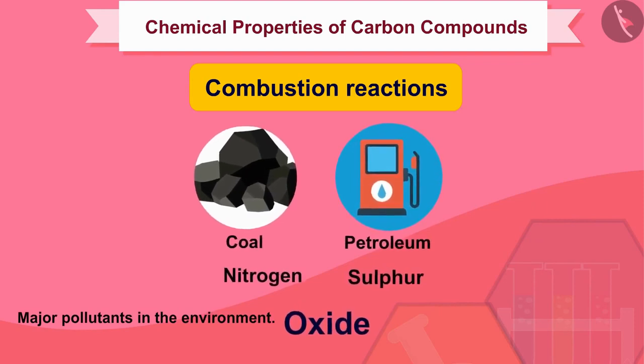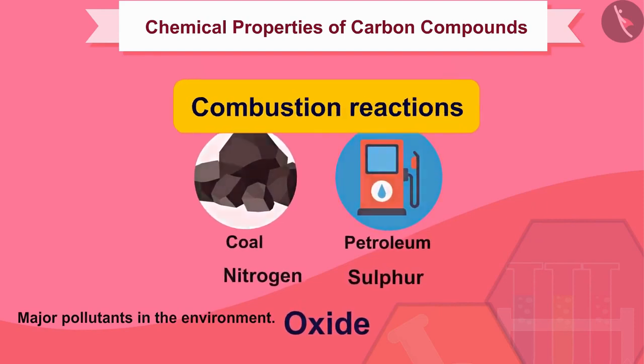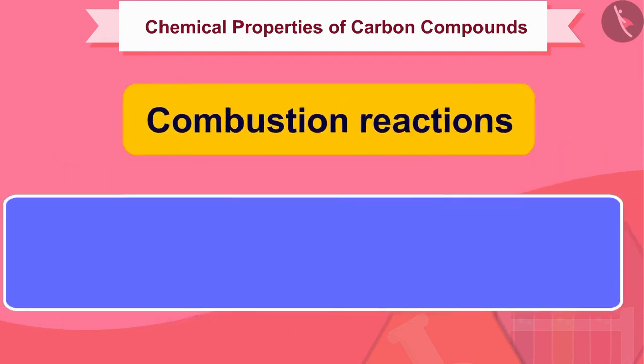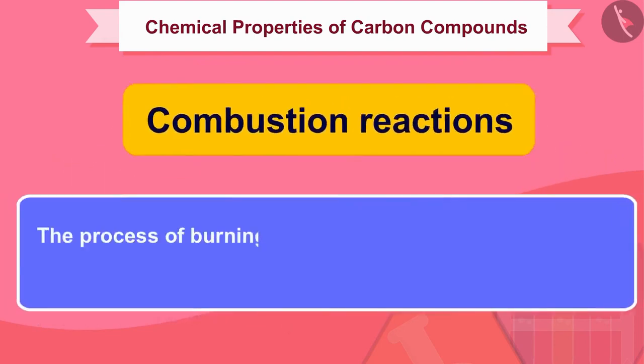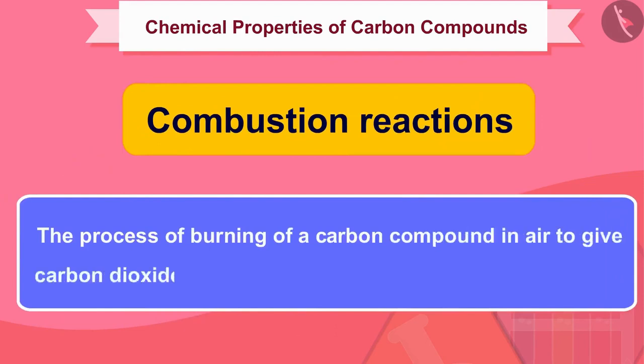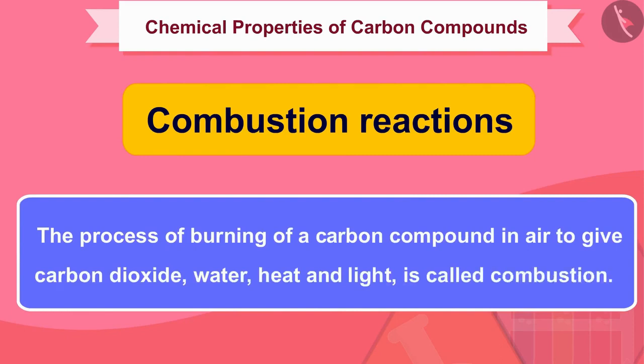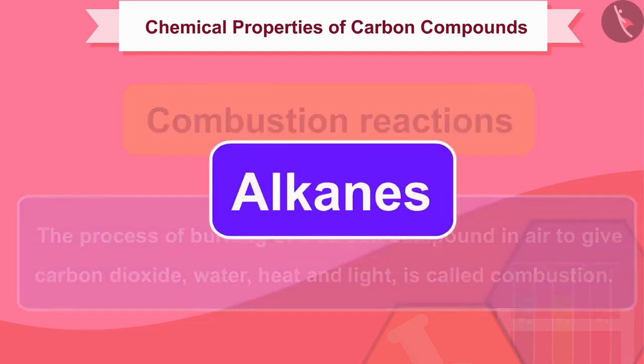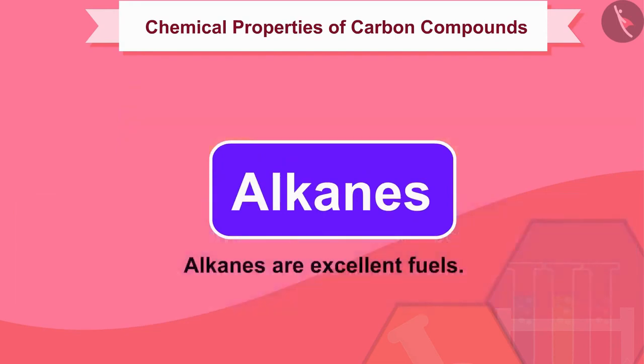So, friends, how can we define combustion reaction? The process of burning of a carbon compound in air to give carbon dioxide, water, heat, and light is called combustion. Let us discuss one more example. Alkanes burn in air to produce a lot of heat, due to which alkanes are excellent fuels.